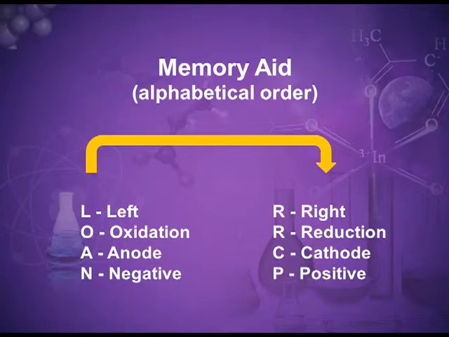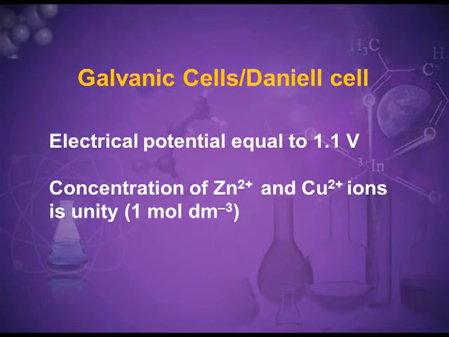O oxidation, R is reduction, A is anode, C is cathode, N is negative, P is positive. We know that R, C or P always comes after O, A and N. The electrode potential of the galvanic or the Daniell cell is 1.1 volts. The concentrations of the zinc ions and the copper ions are taken as unity.